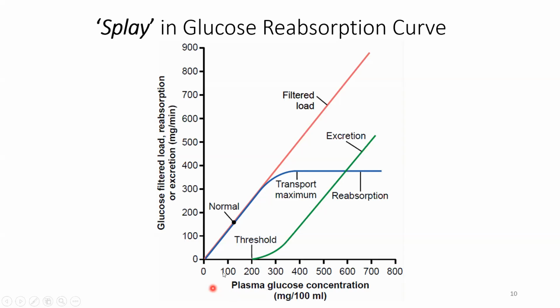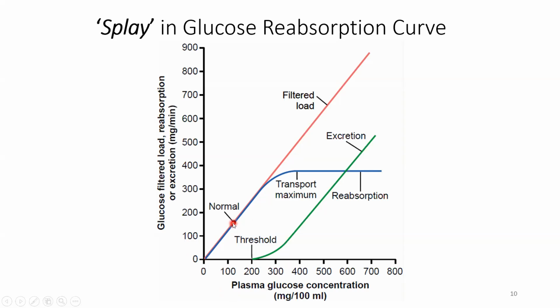Right. So let's first get rid of the simplest curve, the filtered load, the red line, the straight line. As you increase the plasma glucose along the x-axis, you see that the filtered load increases. This is the normal, around 100-ish, or a bit more above 100 plasma glucose.